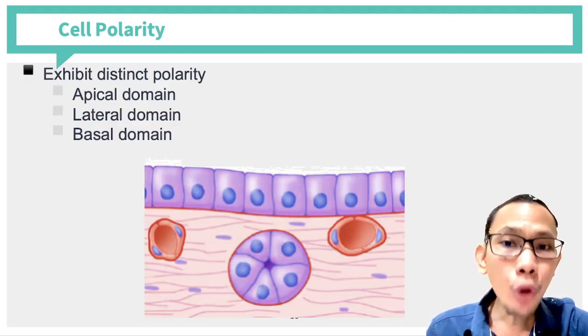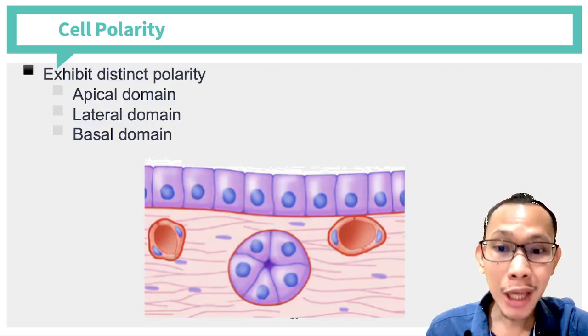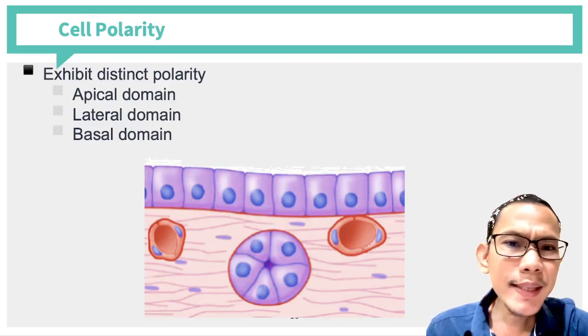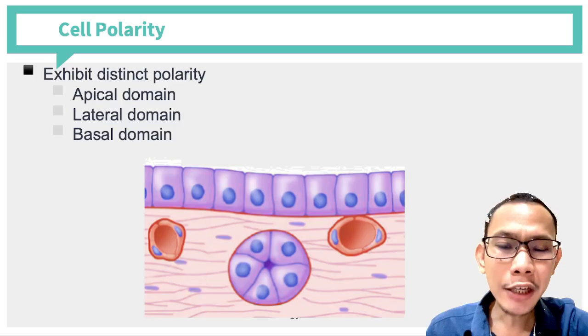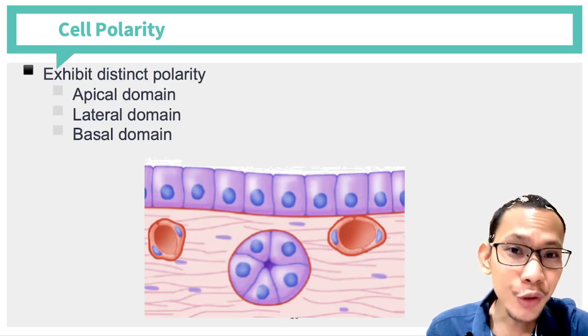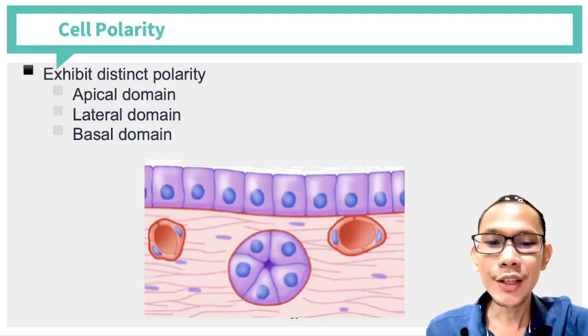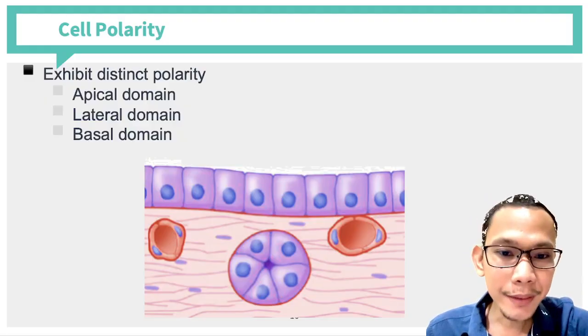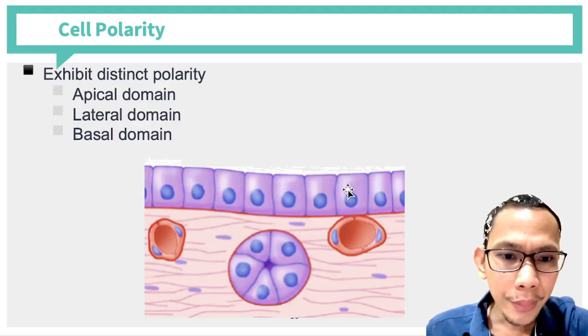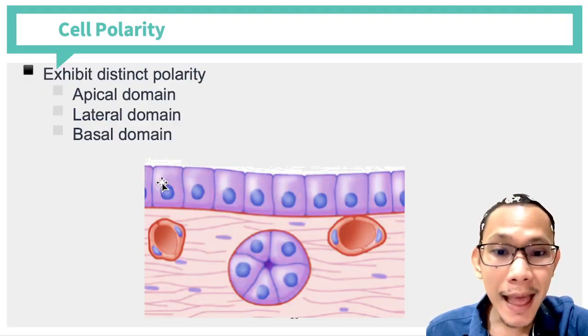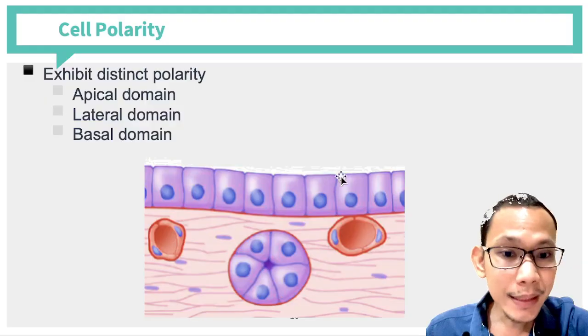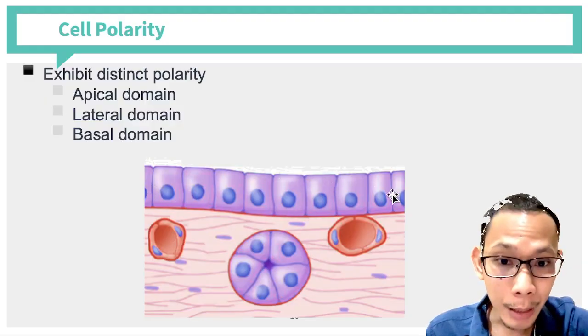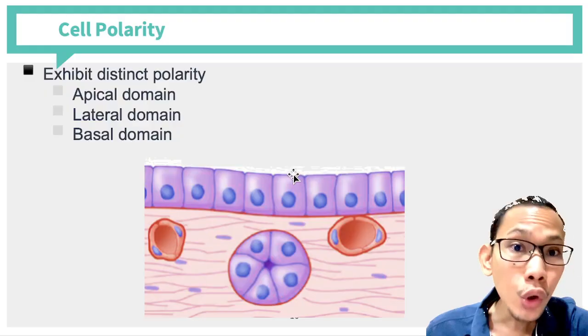Now, we will be talking about your cell polarity. When I say cell polarity, you are referring to the borders of your epithelial cell. So let's first identify this structure. This part here is the lining epithelium. This is the epithelial tissue proper. When I say tissue, it's a group of cells.